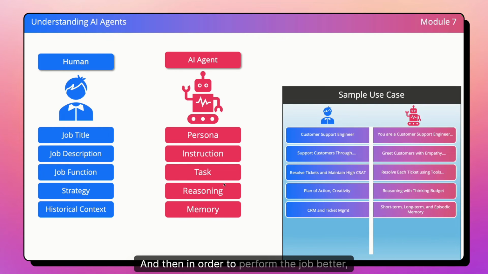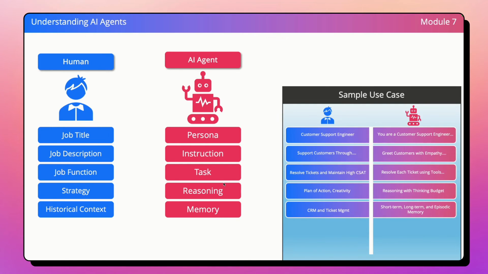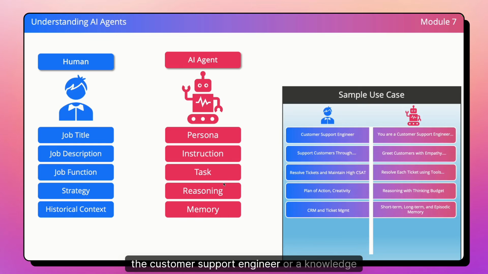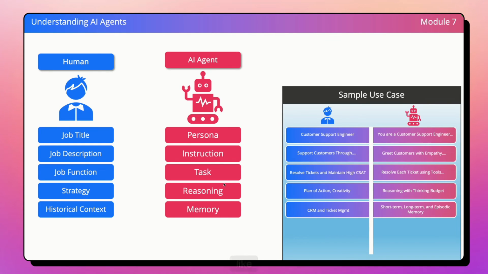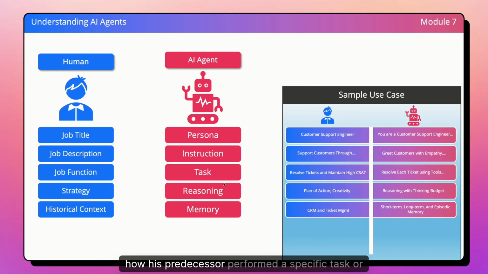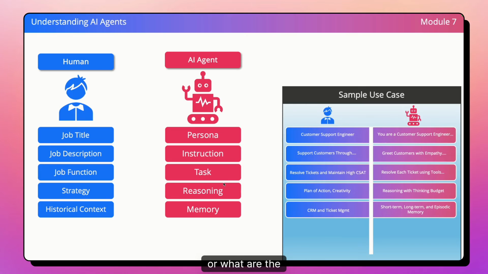And then in order to perform the job better, the customer support engineer or a knowledge worker needs to have historical context, like how his predecessor performed a specific task, or what is the history of the customer interaction, or what are the available conversations that are similar.